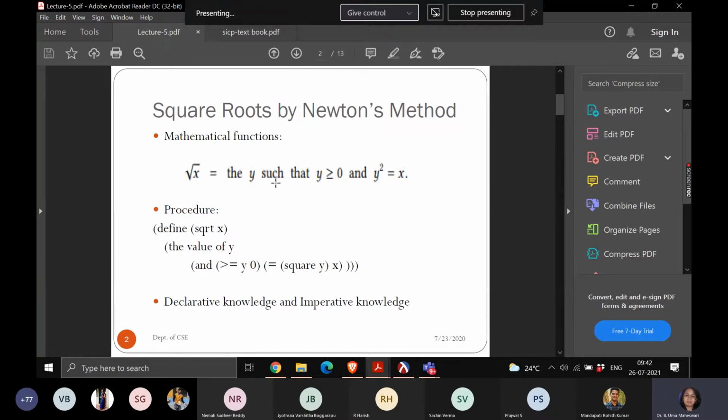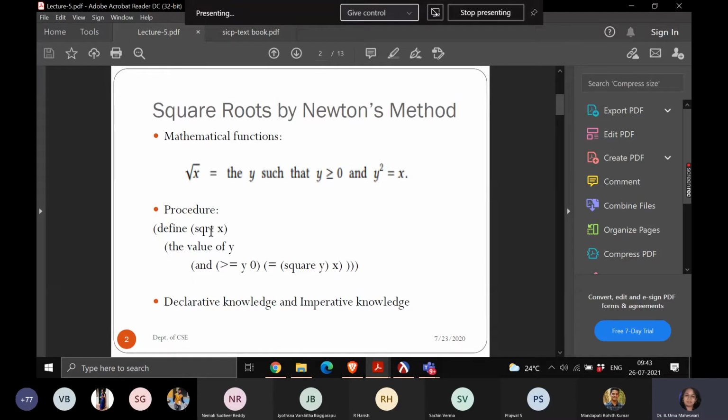Okay, so now I would like to write a Lisp procedure. After all, we are learning Lisp and how to write a Lisp procedure for finding the square root of a given number x. I will write a procedure like this: define square root of x.